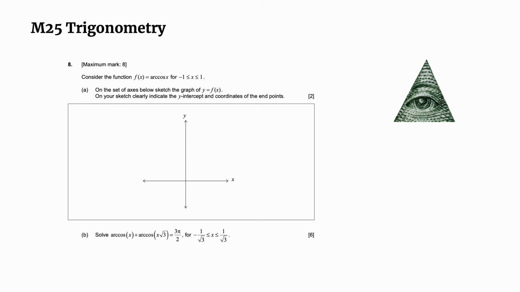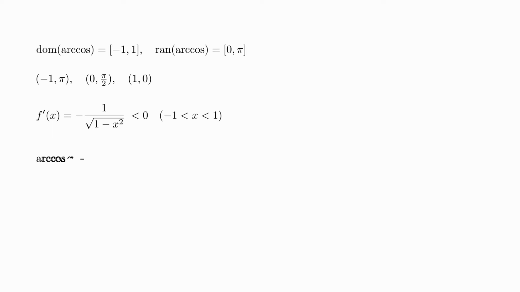But knowing the right skills, the right identities, definitely can shorten your time of attempting this problem. If you had done the compound angle right away with the cosine, the expansion could have been very, very hideous. But let's see what I mean by that using the simplification.